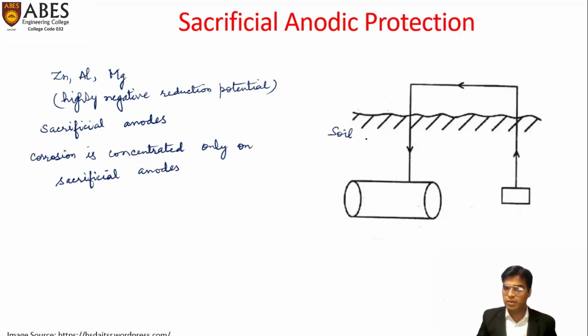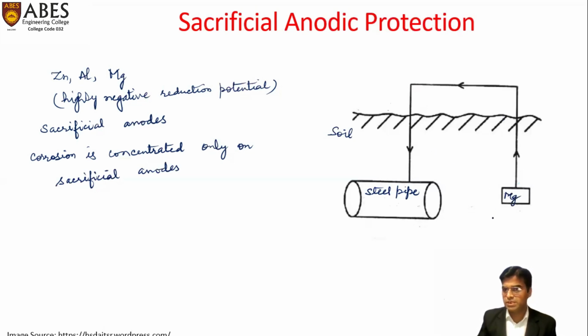To understand it with the help of diagram, we can see here, this is the soil, and beneath the soil, this metal structure is buried. So this is steel pipe. To prevent this steel pipe from corrosion, we connect it with the help of a wire to a more anodic metal that may be either zinc or aluminum or magnesium.